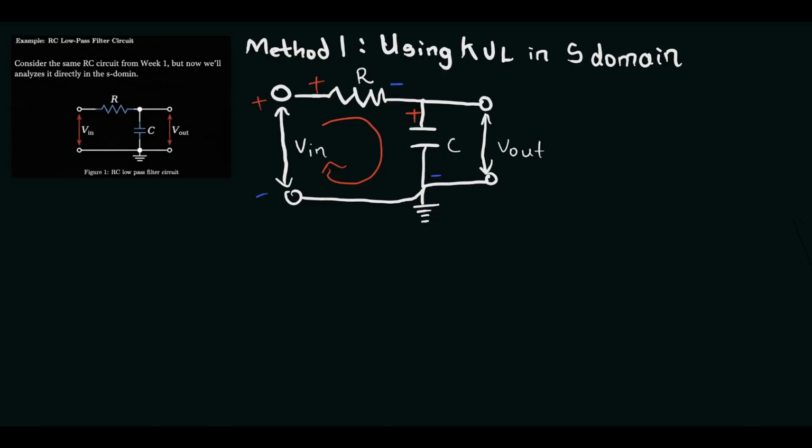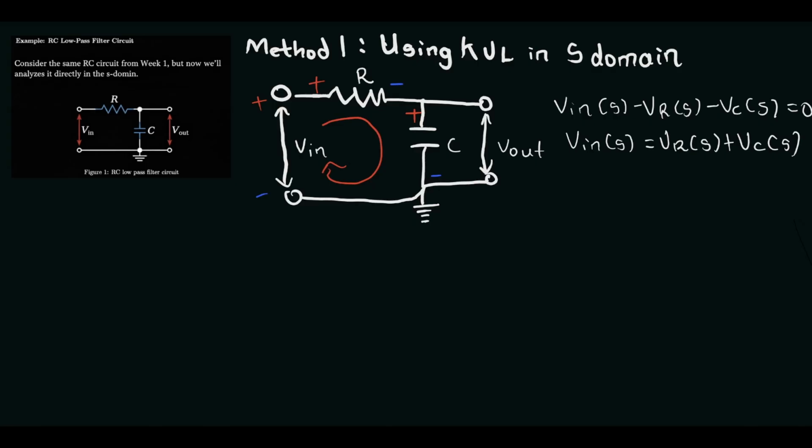So analyzing this, you have your V in of S minus VR of S, because we're doing it in the S domain, minus VC of S is equal to 0. So making V in the subject of the formula, V in of S will be equal to VR of S plus VC of S.